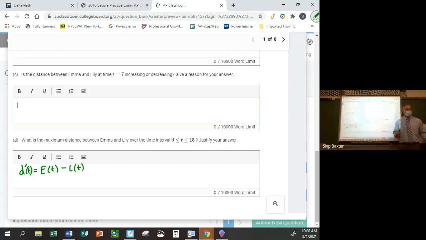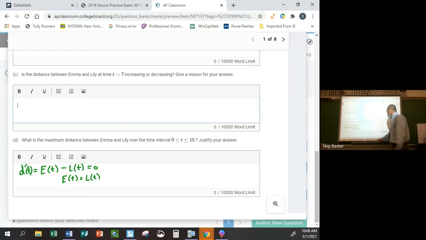If I want to know what the maximum distance is, I do the first derivative test. I set this equal to 0, determine when they're equal, and then do a little first derivative chart to see which one's the maximum.